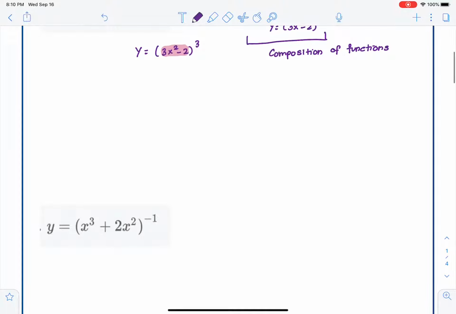So what is the process here? We are going to treat the part that is inside the parentheses as x for a moment.